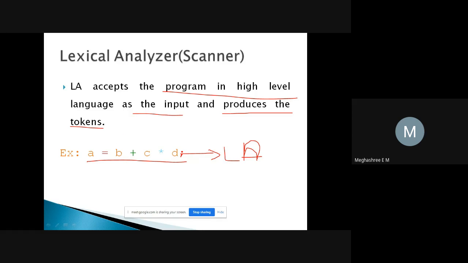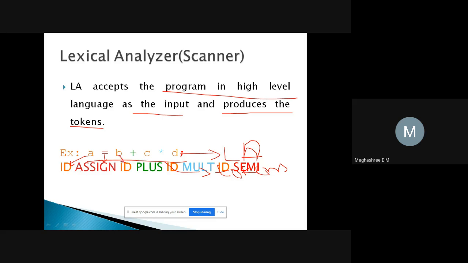When you feed this as input for the lexical analyzer, what is the output it has to generate? Yes, it has to generate tokens. So it gives the output this way. A is what? It is an identifier. So this is the token generated for the character A. Then for is equal to, the token generated is assign.